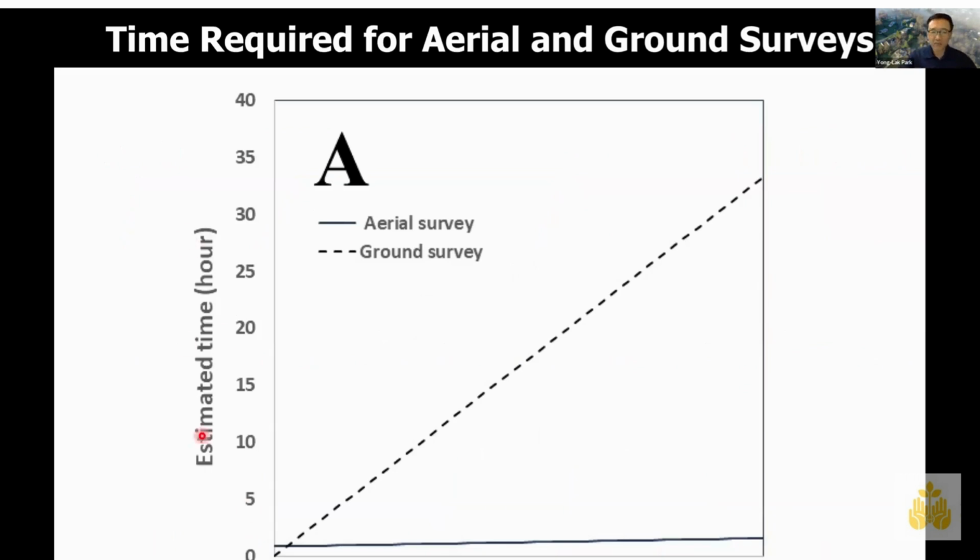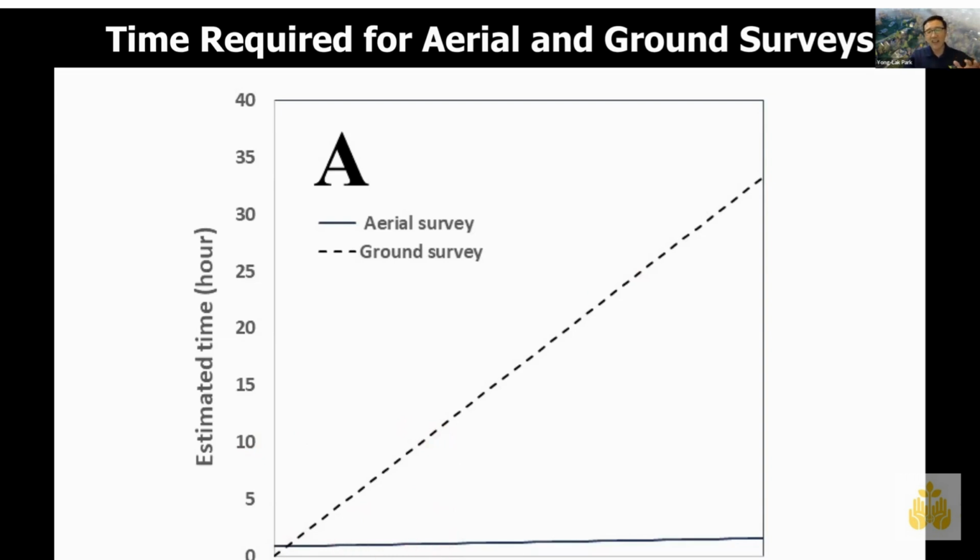So the y-axis is time, how long it takes to survey this number of blocks. For example, if you have 10 bean blocks to survey, the ground survey will take about 10 hours. But if you use a drone, it'll take maybe 10 minutes.